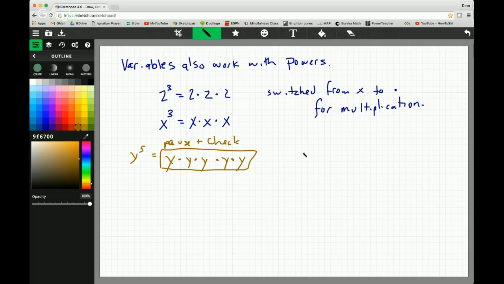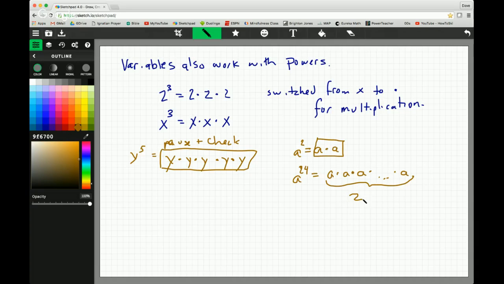Okay, and you can use any variables, right? You could use a to the second is equal to a times a. Or let's do another one. a to the 24th is equal to a times a times a times dot dot dot times a.